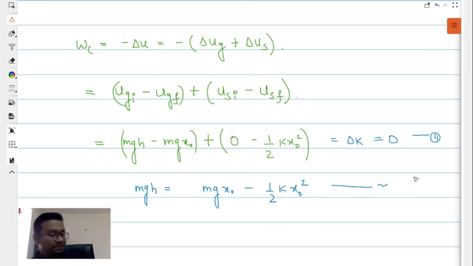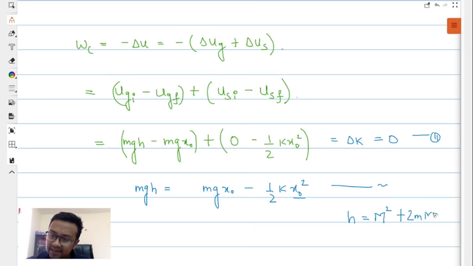And I think everyone would be able to solve this going ahead. I have the answer written down with me. If you solve it ahead, just check by putting the value of your x naught. The value of h comes to M square plus 2 small m capital M, into g, divided by 2k into small m.